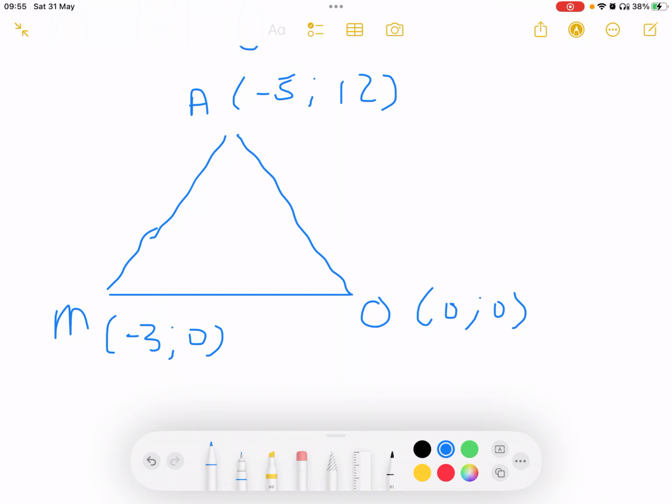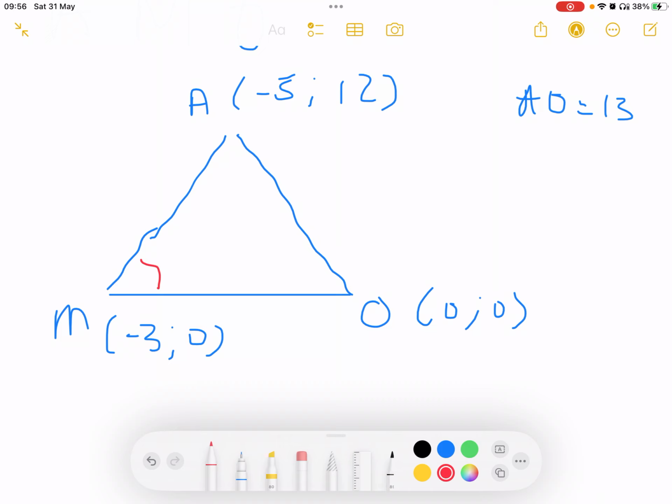Now, we did calculate the value of AO, which is equal to 13. The one that we don't have is MO and AM. So we are looking for this angle here, angle M, which means we need to find all the sides and use the cosine rule. But first we need to calculate all the sides.